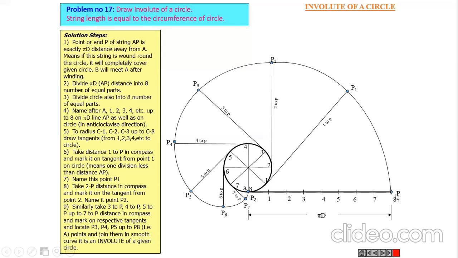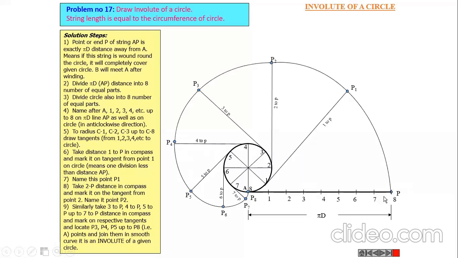The intersection point is my P1. Then 2 to P as a radius, 2 as a center, and cut the second tangent, and this point is P2. Then 3 to P as a radius, 3 as a center, cut the third tangent. Then 4 to P as a radius, 4 as a center, cut the fourth tangent. This is my P4.